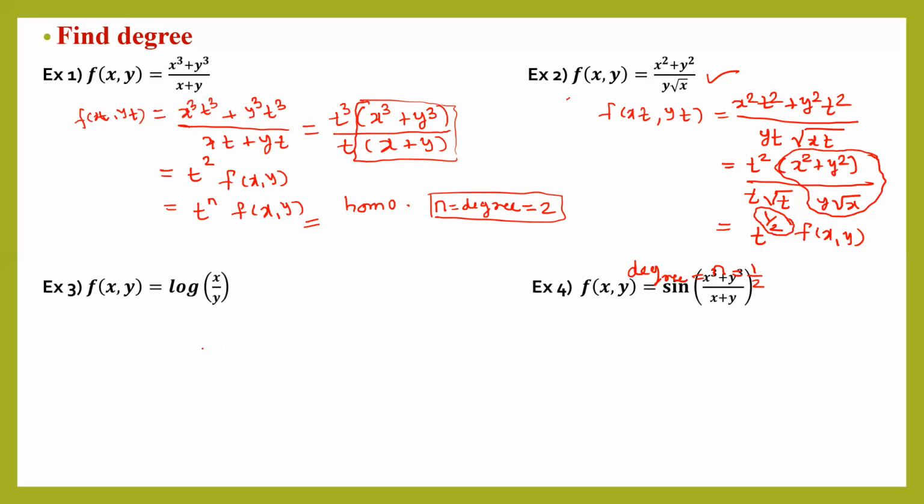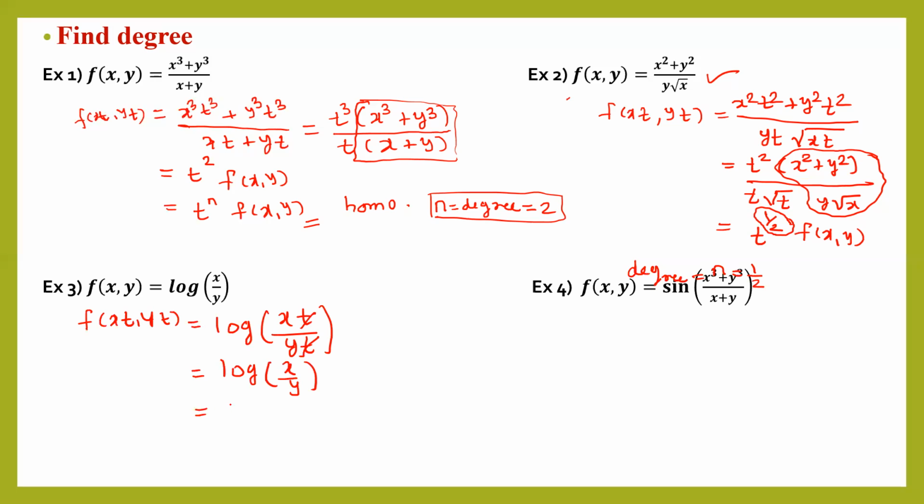If we have this function, what will be the degree of this function? Replace x by xt, y by yt, and this is log xt upon yt. So we can cancel this t, and this is log x upon y.